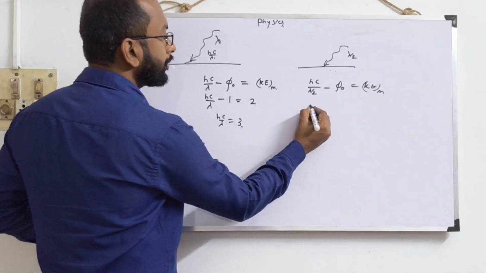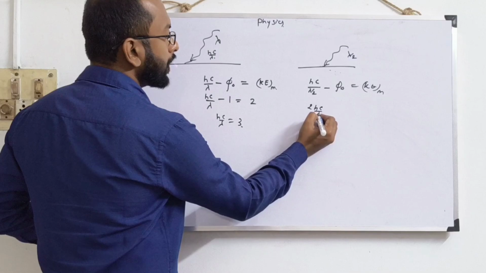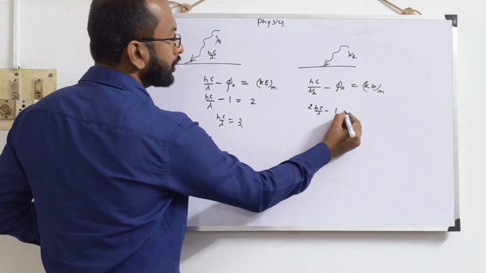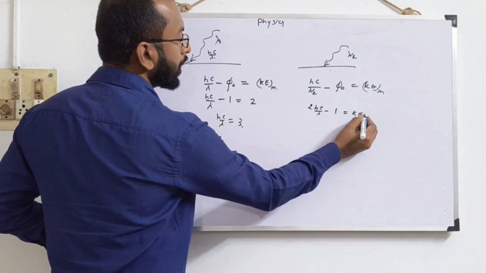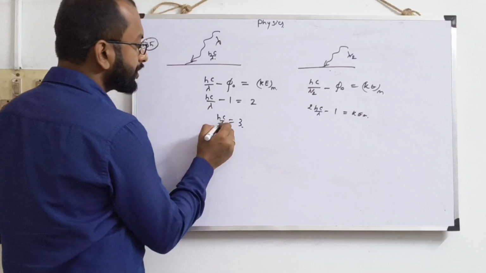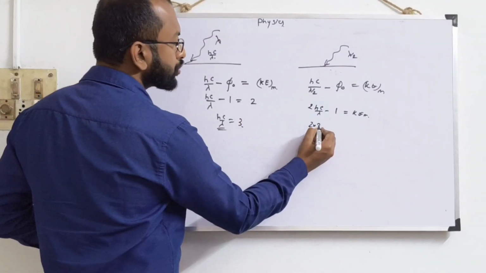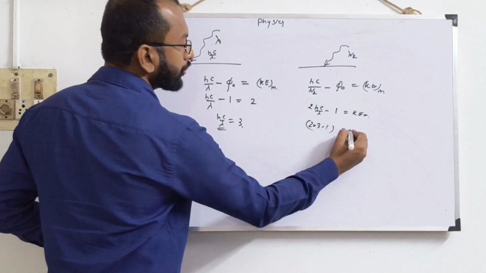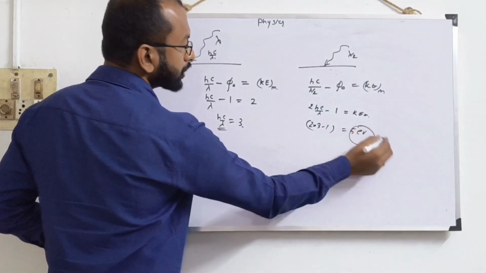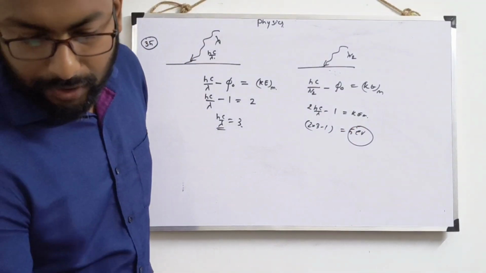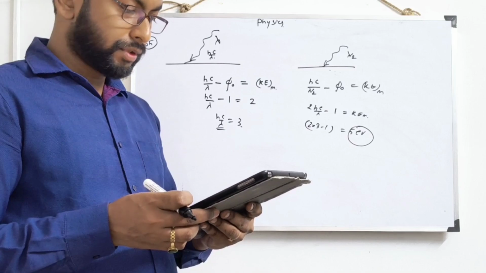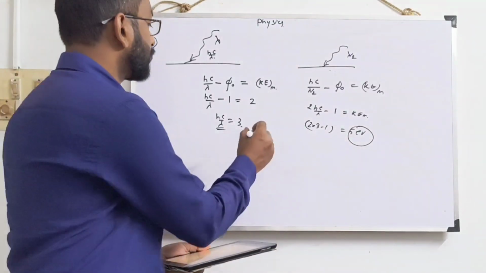It is becoming 2 hc by lambda minus phi naught, which is given as 1, that is going to be Ke max. So hc by lambda value we already got from the first equation, that is 3. So 2 into 3 minus 1, that is 5 electron volt. That is the answer. 5 electron volt is the answer. Okay, option number 3, that is the answer.